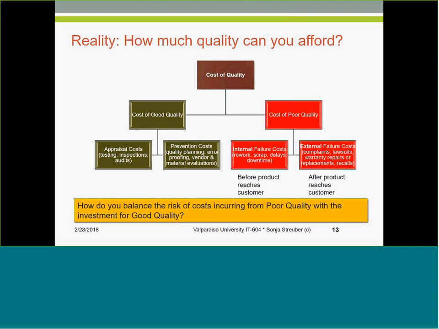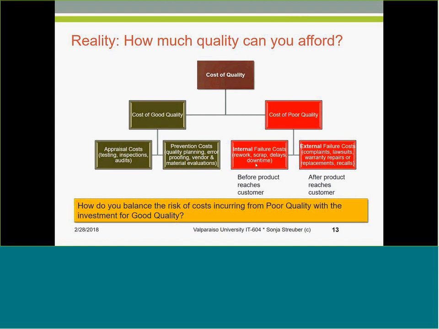On the other hand, we have the cost of poor quality. The cost of poor quality is the cost of fixing things. Now, the cost of poor quality is unavoidable. Like fixes, for example, sometimes warranty repairs on hardware, right? But really, you always want to catch problems before they get to the customer, right?